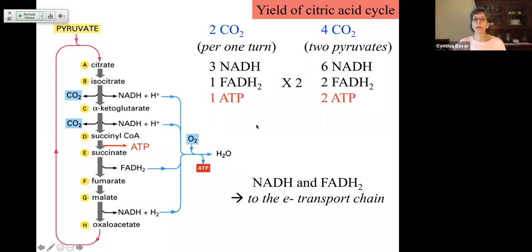Remember the concentrations of substrates and products. As long as there's a constant supply of pyruvate, pyruvate will be able to continually combine with oxaloacetate and make citrate. Right? As long as all of these steps are occurring, as long as it's a cycle, as long as oxaloacetate is constantly removed and joined with pyruvate, the cycle goes.